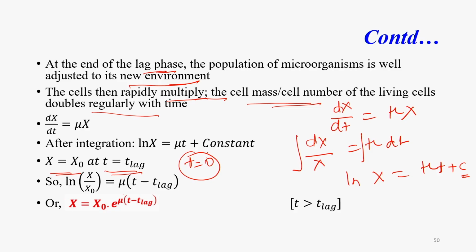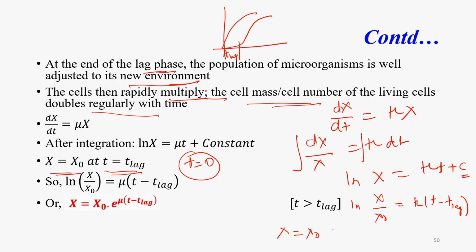If you put t = 0 we are only focusing from here, but when I say t = t_lag, then we are focusing from here. This is the t_lag. Then after putting the boundary condition, we will end up with ln(x/x0) = mu (t - t_lag), or one can rearrange it as x = x0 e^(mu (t - t_lag)).